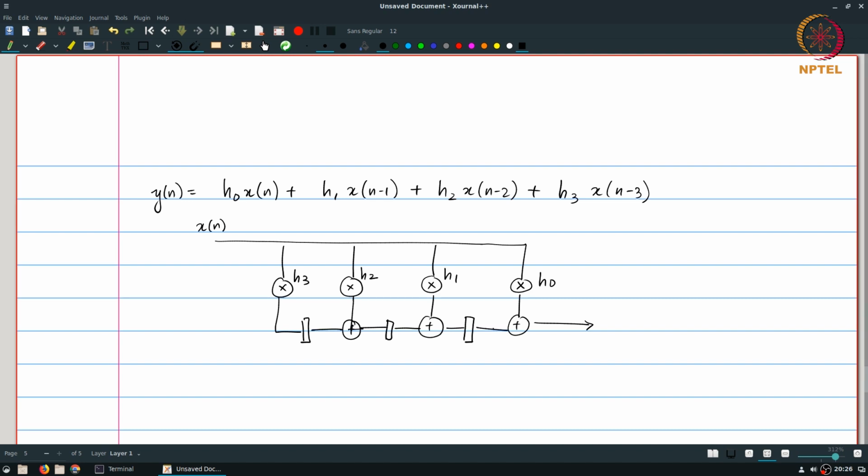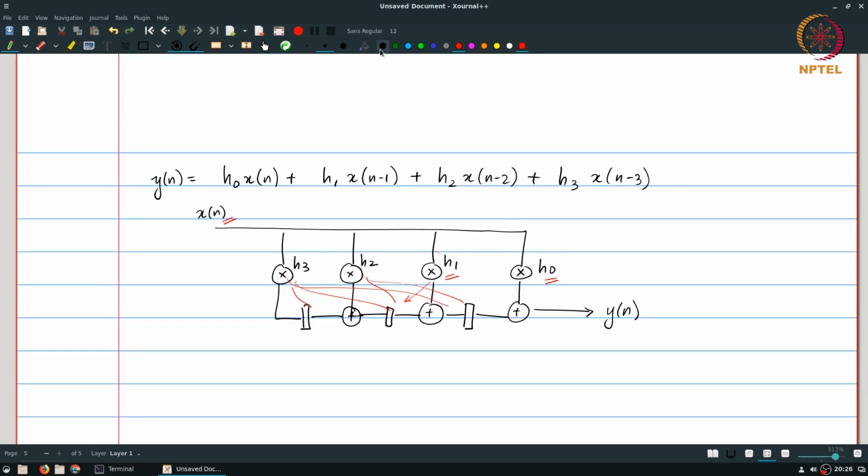So effectively, this y of n takes h0 into x of n, h1 into 1 delayed version x of n minus 1, h2 2 delayed version, and h3 a 3 delayed version of x of n. In other words, it implements exactly the equation that we have above.